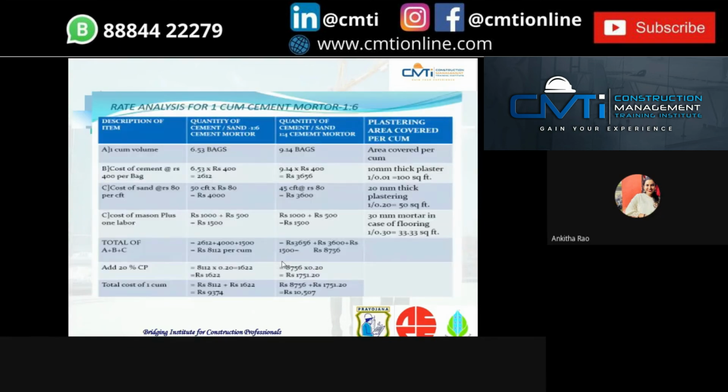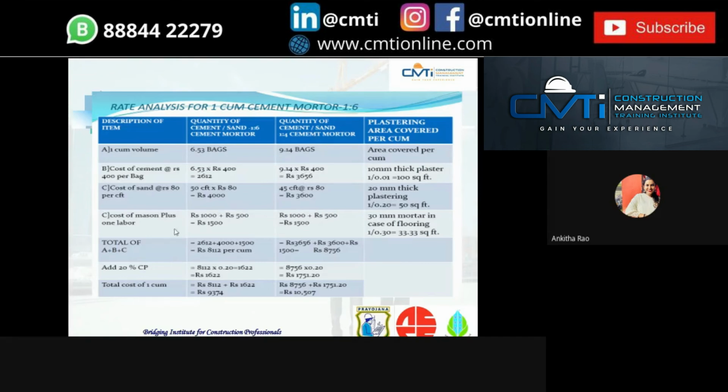This is the rate analysis of cement mortar. Here, 6.53 bags of cement is required per cubic meter, and the cost of one cement bag is 400, and for 6.53 it will be 2612. This is 1 is to 6 ratio, and this is 1 is to 4 ratio.